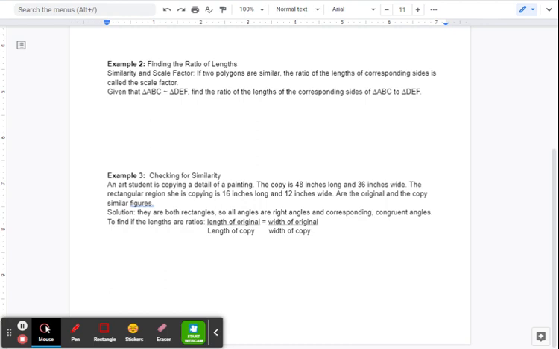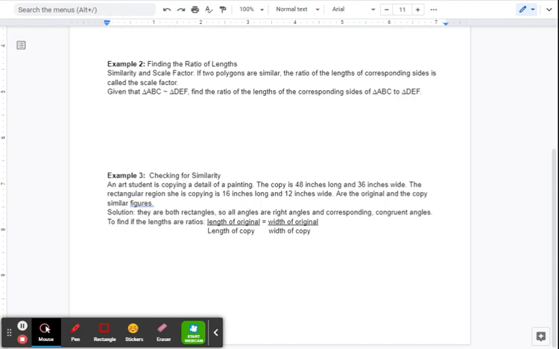Checking for similarity. An art student is copying a detail of a painting. The copy is 48 inches long and 36 inches wide. So our copy is big. The original rectangular region that she's copying is 16 by 12.